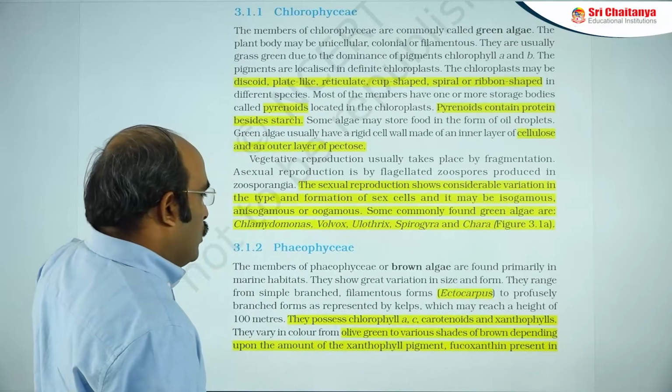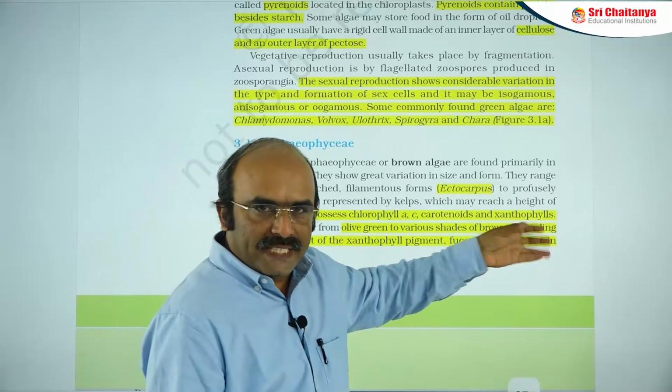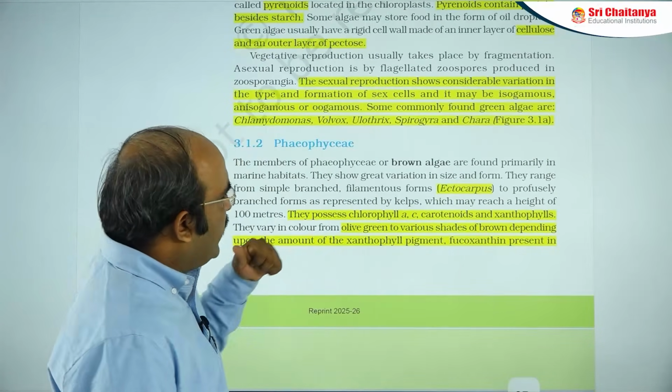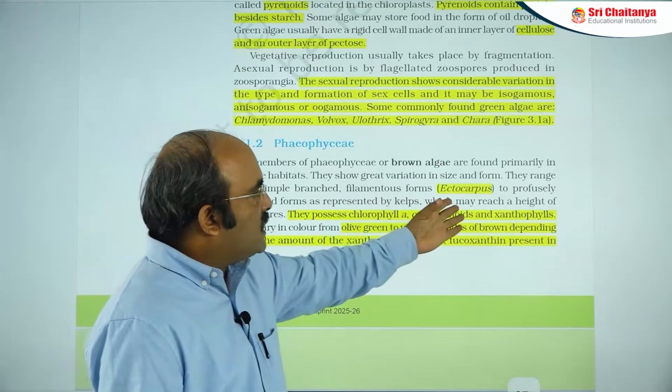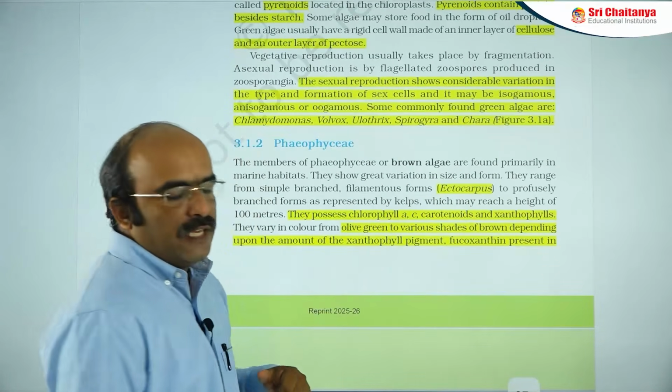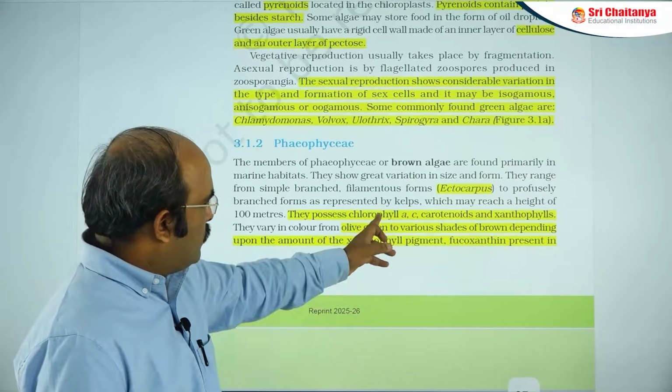Now if you go to brown algae, they are primarily found in marine habitats, and their size also varies. You could see filamentous forms like Ectocarpus, and profusely branched forms like kelps.